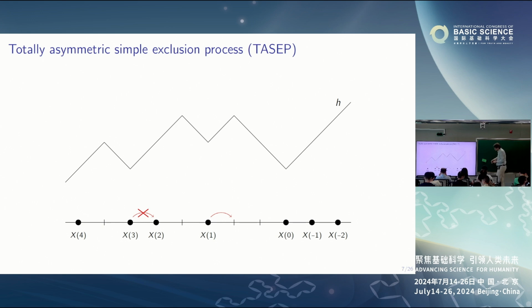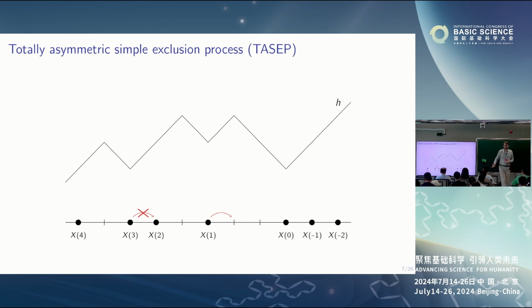In this model, particles jump on the integer lattice with the condition that at any time, each site is either empty or occupied. So we don't allow several particles to sit at the same site.